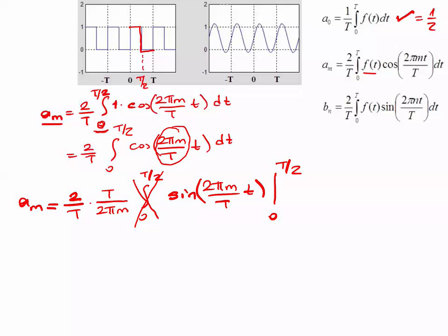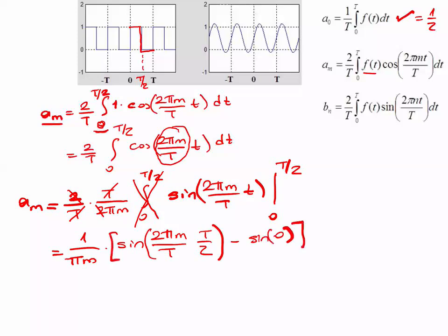So that's how we go, and then T will go away, these 2's will go away, and I will have 1 over pi m times sine of 2 pi m over T. I'm going to put, instead of t, T over 2, minus sine 0.